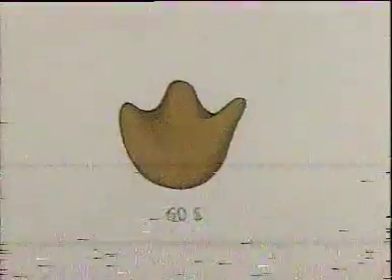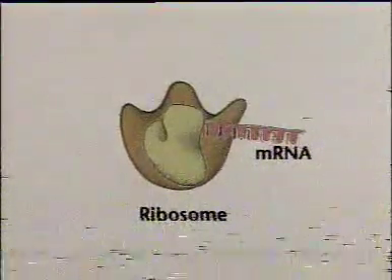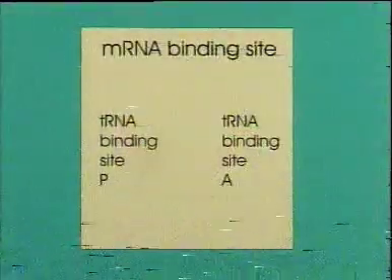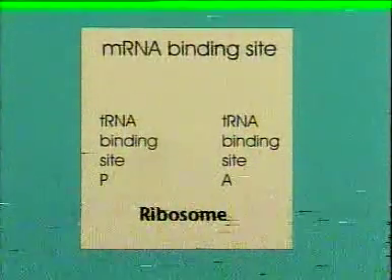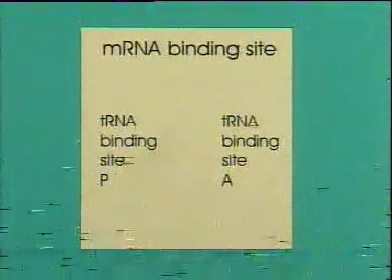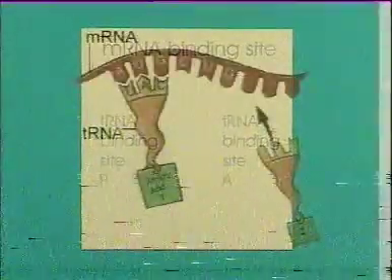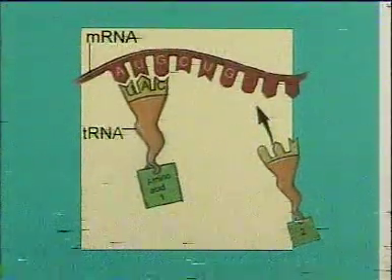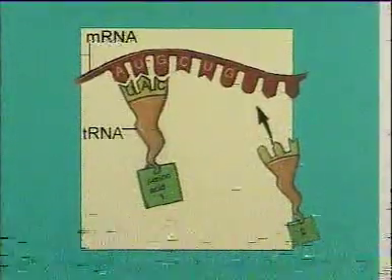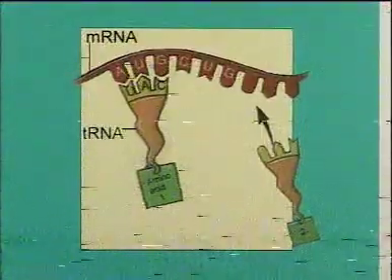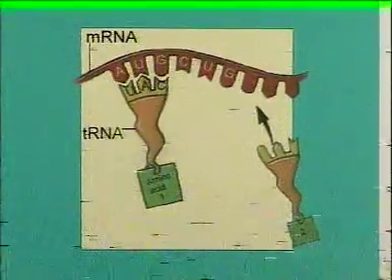Now, the chain elongation starts soon after the binding of the large ribosomal subunit with the messenger RNA. A tRNA loaded with an amino acid comes to the ribosome. It binds with the amino acyl site and matches its anticodon with that of the messenger RNA. If both the codon and the anticodon are complementary, in other words, they match, then the amino acid is handed over to the ribosome.